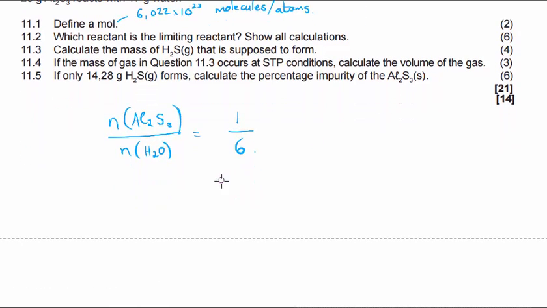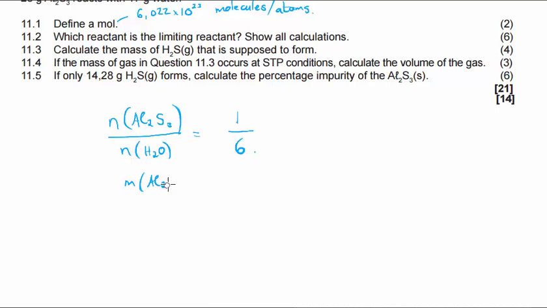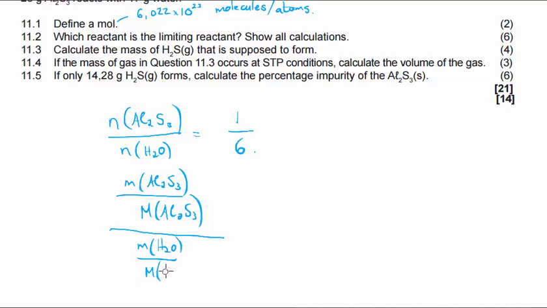On this side I have n, which becomes the mass of aluminium sulfide divided by its capital M, the molar mass, divided by the mass of water and the capital M of water. Do you understand so far what I've done?